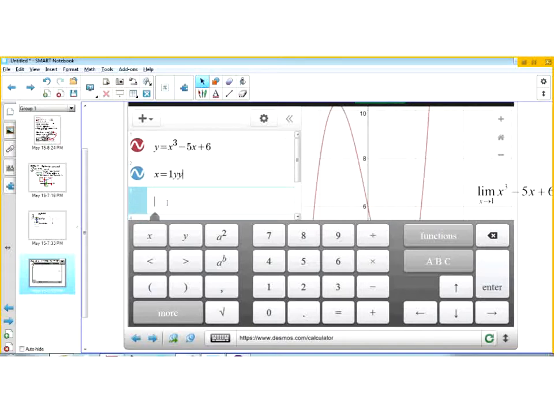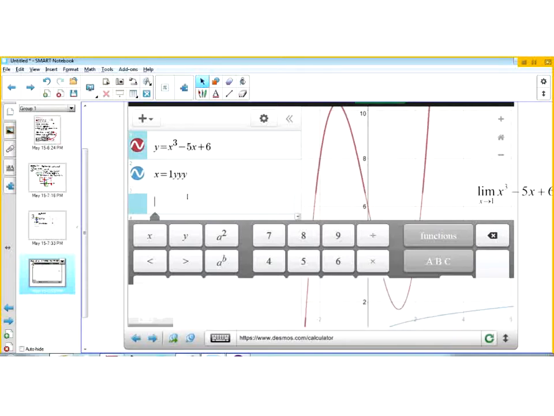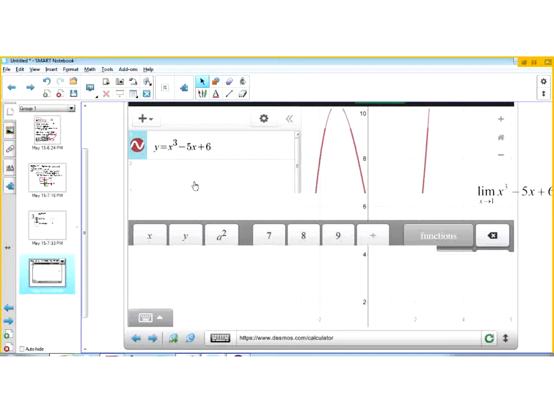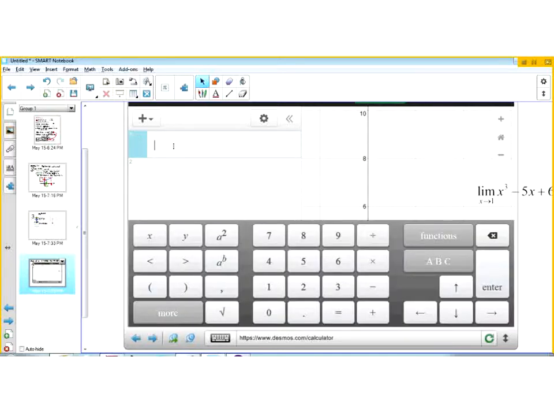Next curve, y. Will not let me type. Oh, it's typing in there. Ah, come on. Technology. Try it again. Y is equal to x cubed minus 5x plus 6. All right. So now it's shown in purple. And then x equals 1, shown in orange.